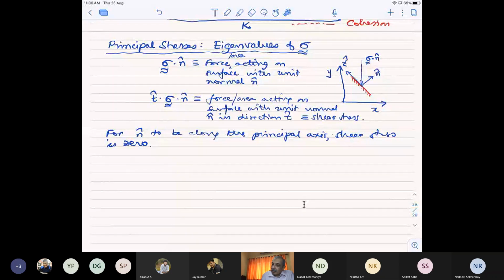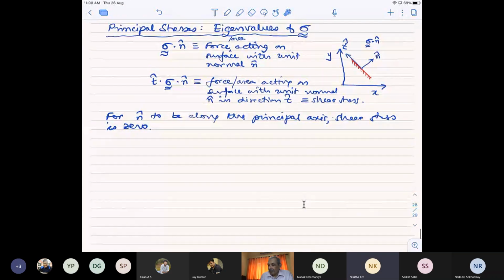So instead of drawing this vector over here like this, how should I draw this vector? So basically this vector has no component in the direction t. So what should I draw this vector as?